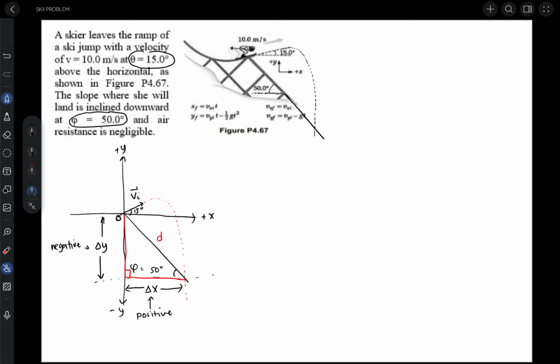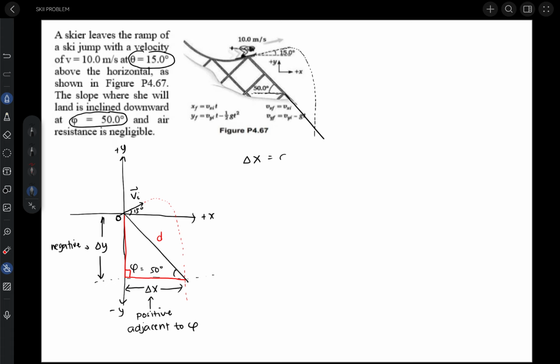In this case, let's start our solution with delta x. Since delta x is adjacent to the angle phi, we can use the cosine function here.